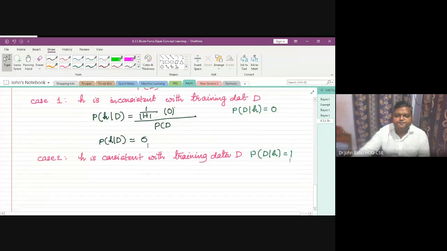So now, probability of H given D is equal to, next, what is the formula?